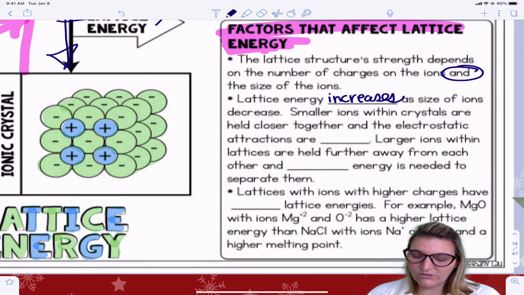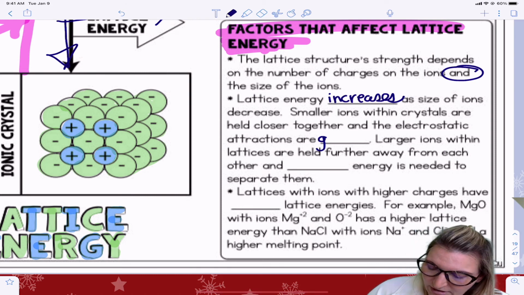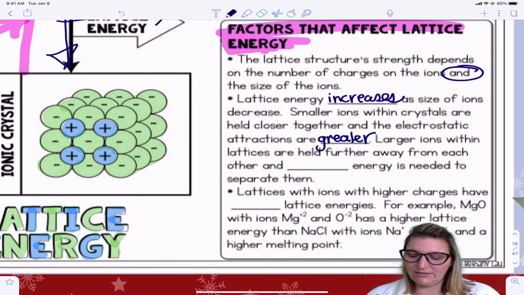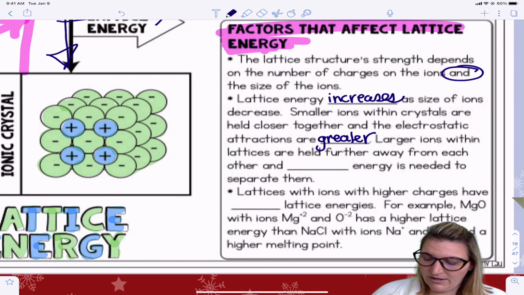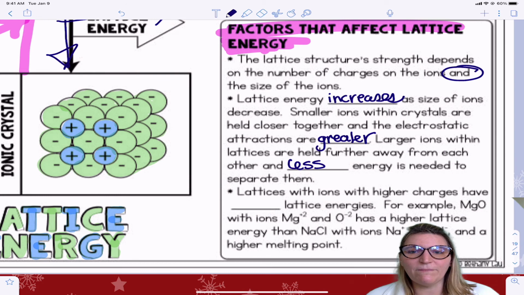Smaller ions in crystals are held closer together, and that means the electrostatic attractions are greater. Larger ions in lattices are held further from each other, and less lattice energy is needed to separate them. That's that other part of Coulomb's law. The further two particles are from each other, the less attraction there is between them.